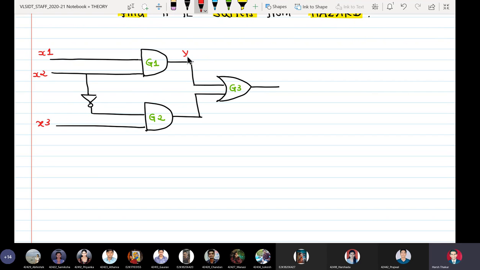We define this output as y1, this output y2, and the final output of the circuit is y.